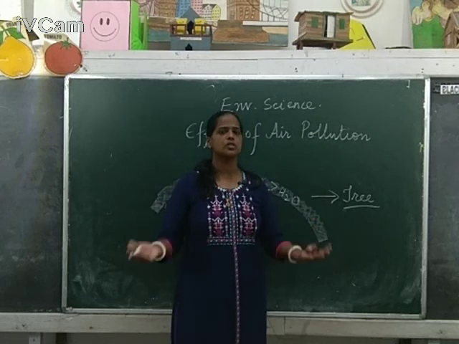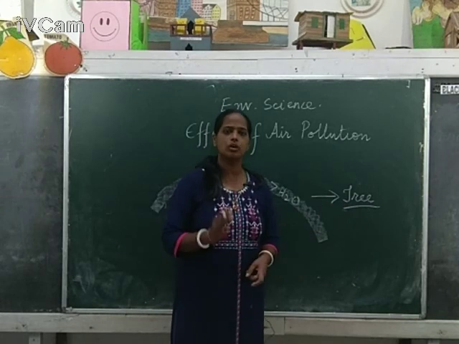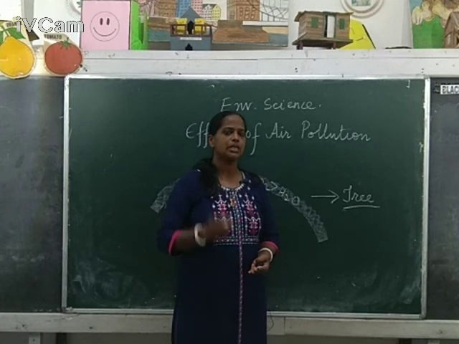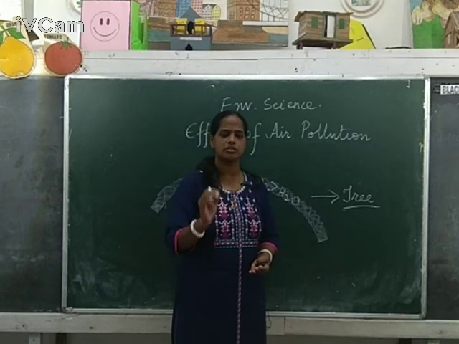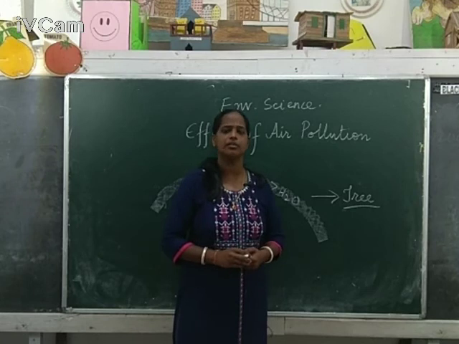So they did not get concentrated. But today, as you all know, because of deforestation, we have lost the tree cover as well. In each and every country, the percentage of tree cover has drastically reduced.